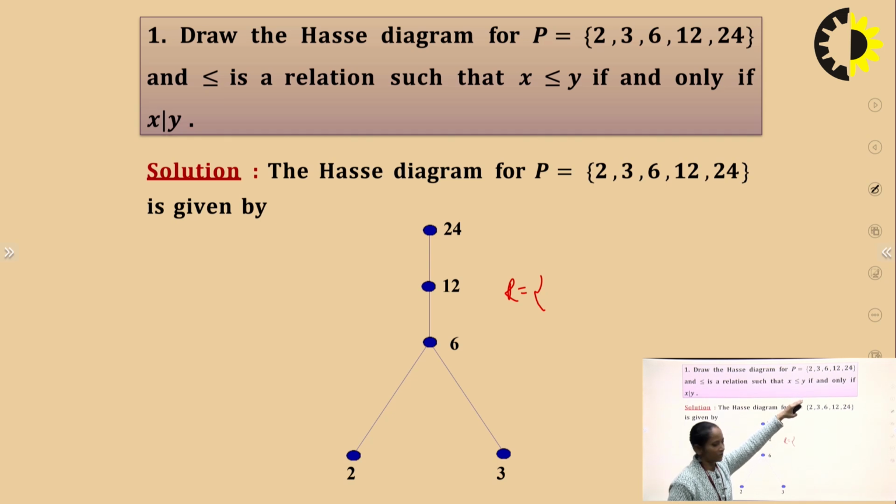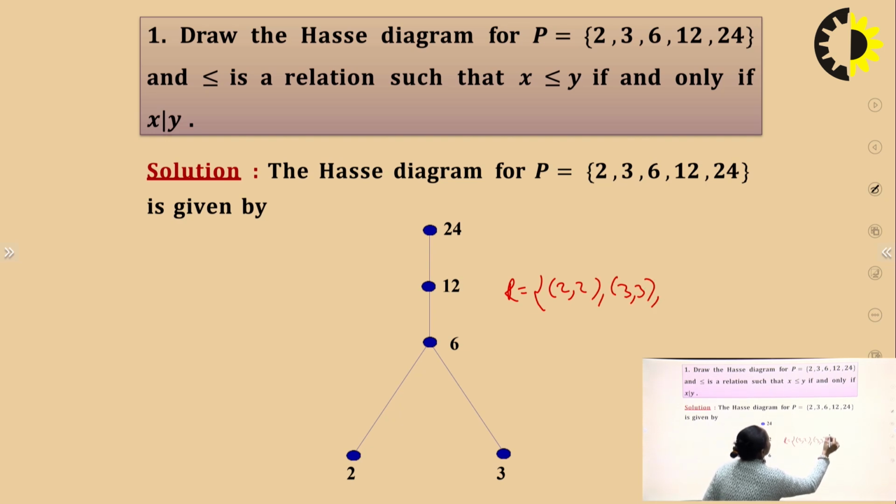For the divisibility relation, we have to consider (2,2), (3,3), (6,6), (12,12) and (24,24).